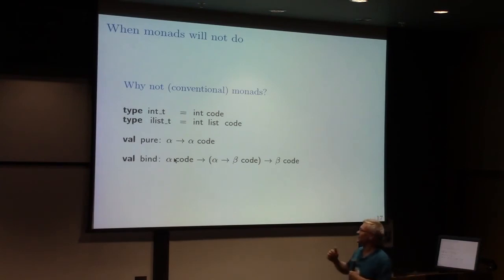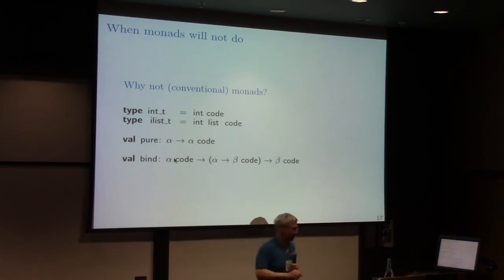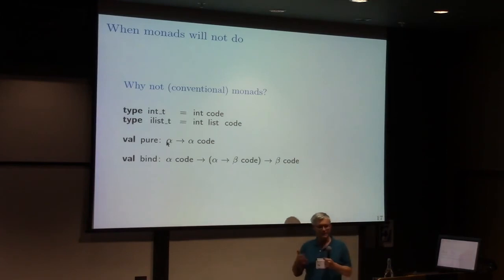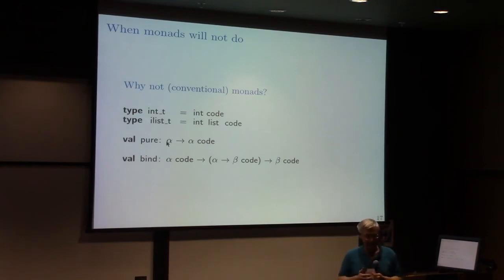But it's actually not applicative either, because look at this pure function. Pure says, given any value, we can create code of this fashion. Well, suppose, as I said, we wanted to generate code, store it in the library, and then compile later. When you store it in the library, it's essentially a text file, right? So if pure says, take the OCaml function, and store in a file code representing this function, well, that's certainly not going to work, right?